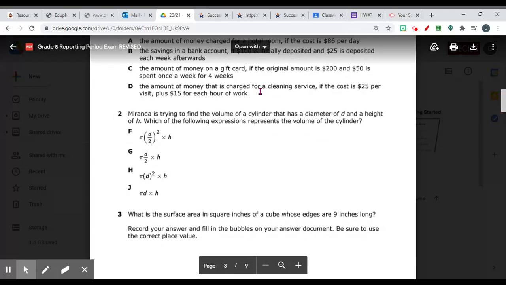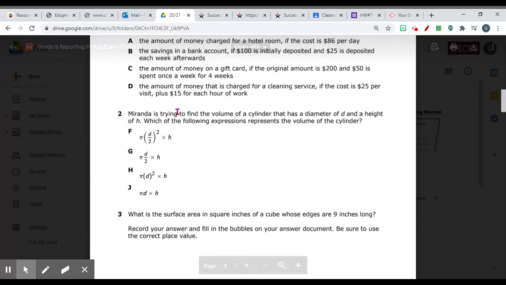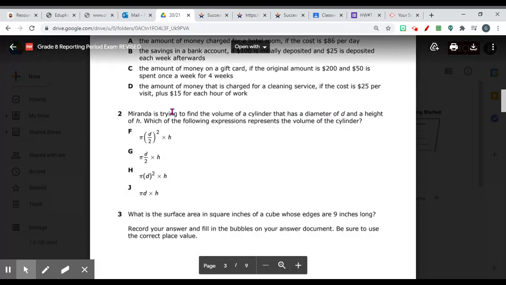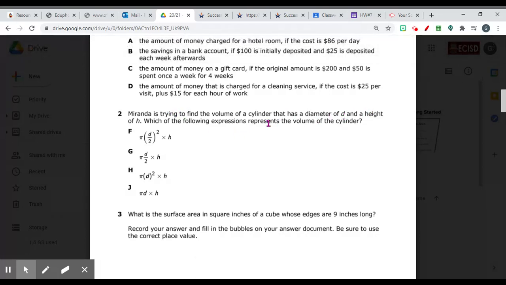Number 2. Miranda is trying to find the volume of a cylinder that has a diameter of D and a height of H. Which of the following expressions represents the volume of the cylinder?